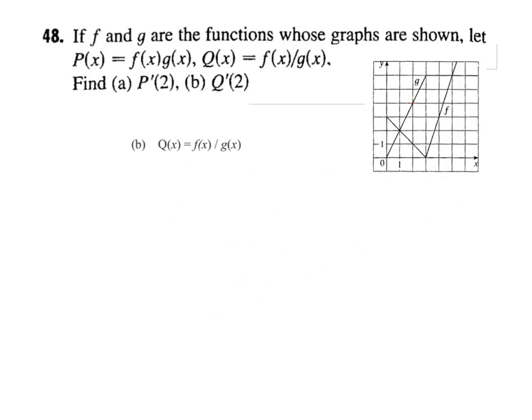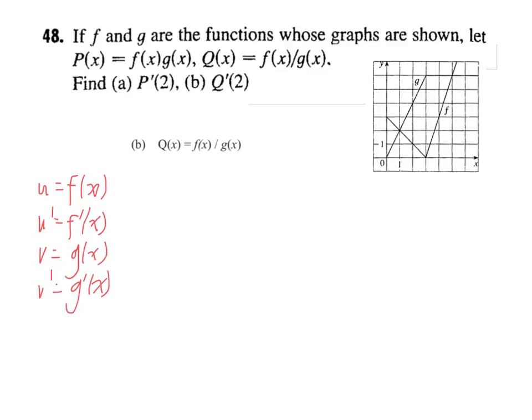The next part of this asks to find q prime of 2. So in this one, we're going to need a quotient rule. Just to recall all the information that we needed from before, u was the numerator, u prime then would be f prime, v is g of x, and v prime is g prime of x.